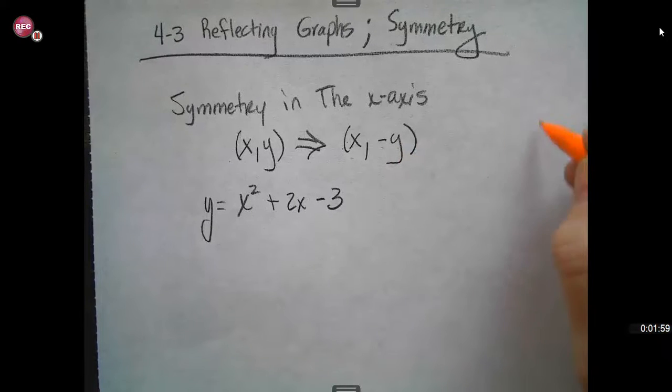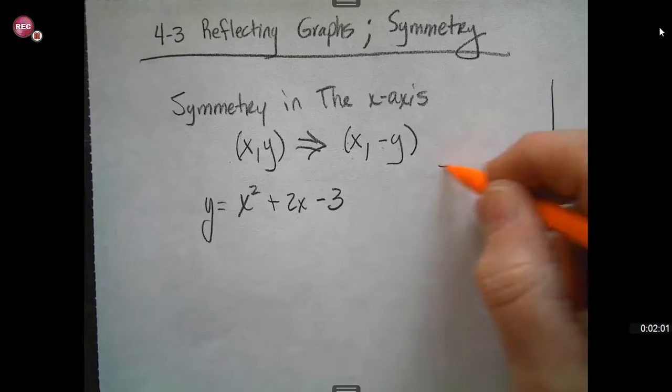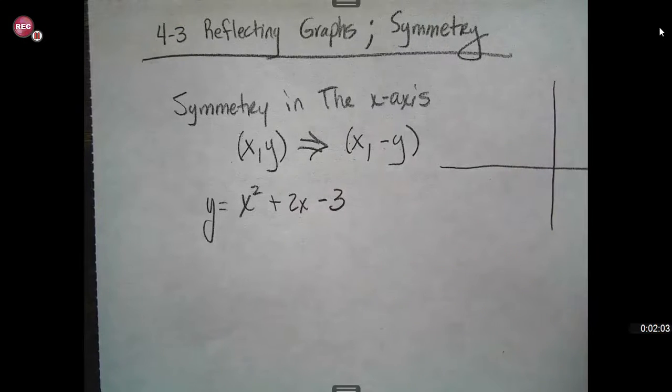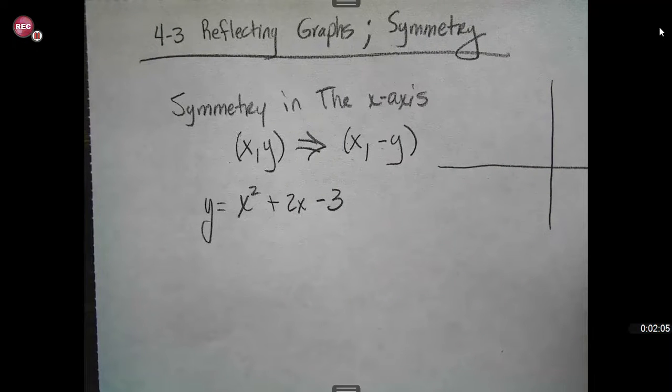And what we mean by that graphically is this particular parabola, the vertex is going to be down here somewhere, just estimating, and it's going to open up like this.